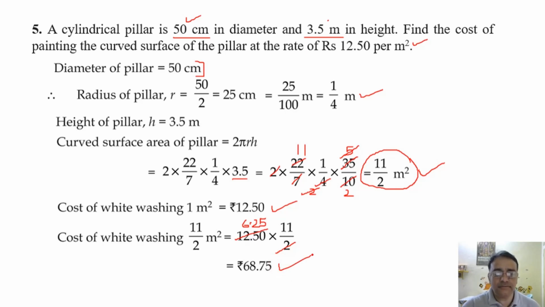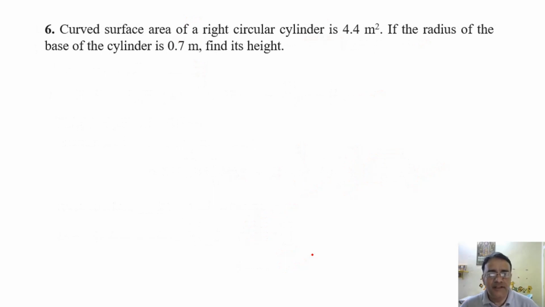No, sir. Okay, so now the next question we are going to do. The curved surface area of a right circular cylinder is given 4.4 meter square, and the radius of the base of the cylinder is 0.7 meter. Find its height. This is a very easy question. Why? Because the formula of curved surface area is 2 pi r h.